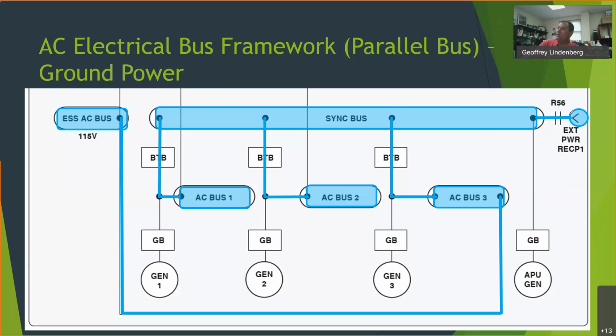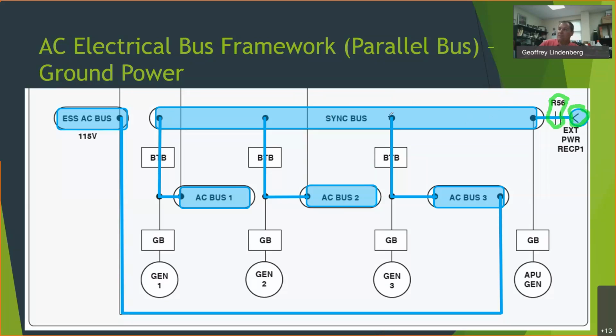There we go. Here's that external power receptacle. We're plugging in our plug over here. And then remember, you have to turn on the external power switch. The external power switch is this contactor right here. That connects the external power plug to the sync bus.